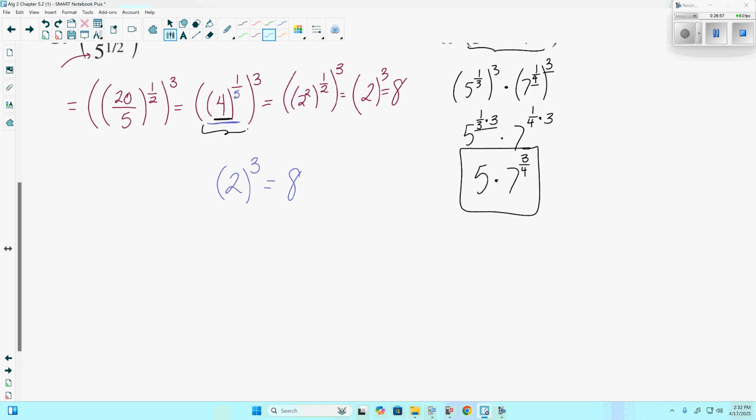So we could switch it to 2, but this would give us 2 to the 2/5 to the third, which is 2 to the 6/5. It doesn't help us. Because if we just left it as 4, it'd be 4 to the 3/5. 4 to the 3/5 is not any nicer than 2 to the 6/5. No reason to do that.